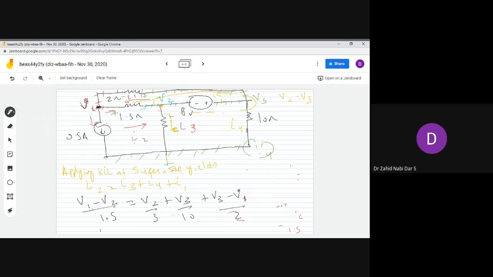One important factor over here: we see this is plus minus, so we can write V3 minus V2 is equal to 8. Why V3 minus V2? This is the positive terminal, so it is positive minus negative. If it was written the other way, it would have been V2 minus V3. But in the question, this side is plus, so positive side minus the negative side is equal to 8. Or in other terms, V3 is equal to V2 plus 8.